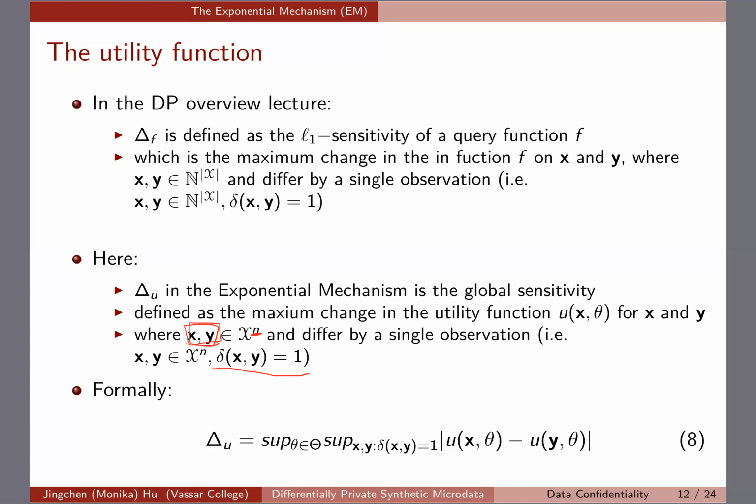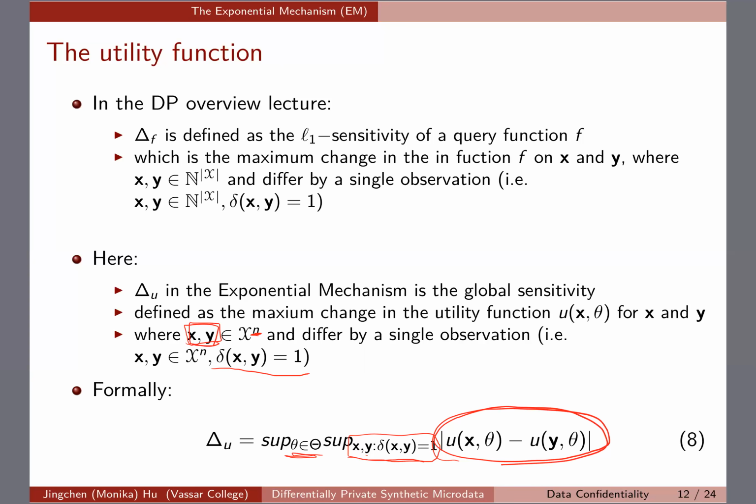More formally, in equation 8, we can express delta U. This is just mathematically what we mean by the maximum change in the utility function when X and Y differ by only one single record. So we're looking at the maximum change, the supremum, over all X and Y when they differ by one record, and over the parameter space, we're looking at the L1 norm.